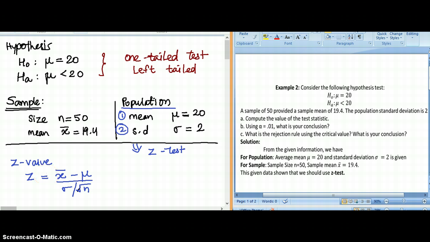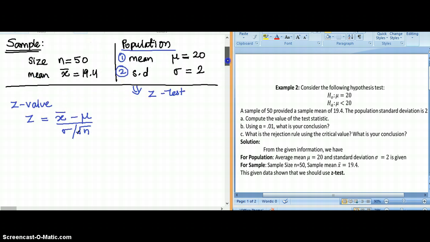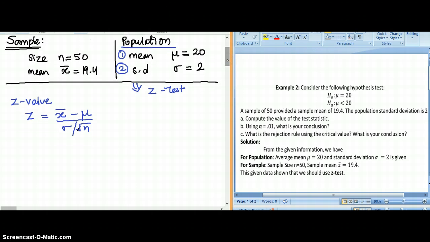We have all these values of x bar, mu, sigma and n, so substitute them. We get x bar 19.4 minus mu 20 divided by sigma, which is 2, divided by root of 50. If we calculate it, it comes out to be minus 2.1213, which is a negative value.